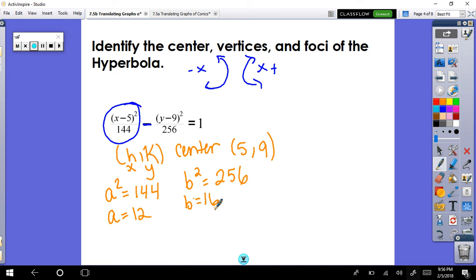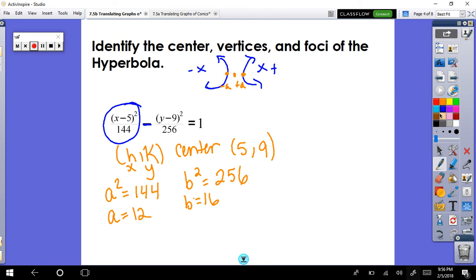There we go. We don't actually need to find this value because we just need our vertices, which are going to be from the center plus and minus the a value. So we really don't need the b value at all. But I'm just used to finding it. When graphing it, it's helpful anyway.